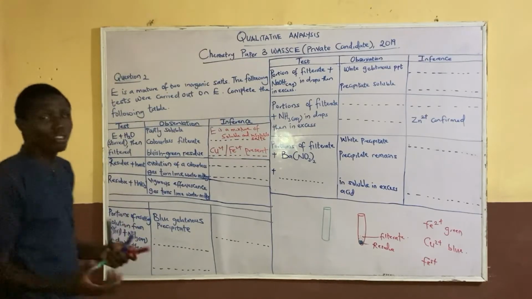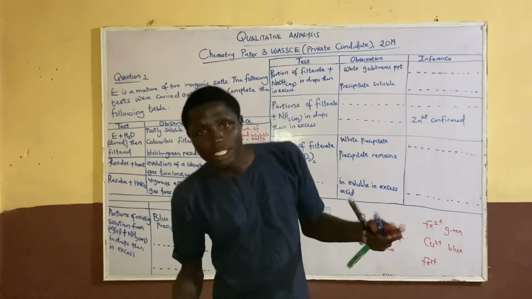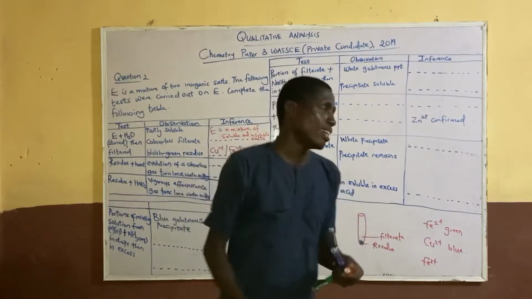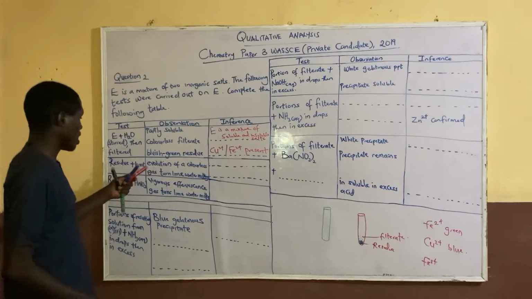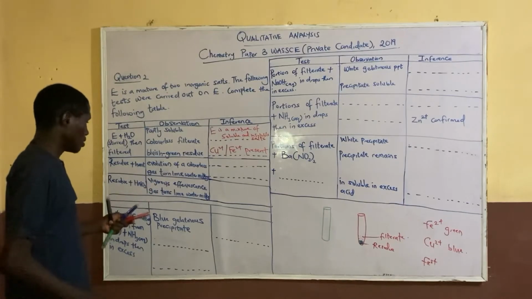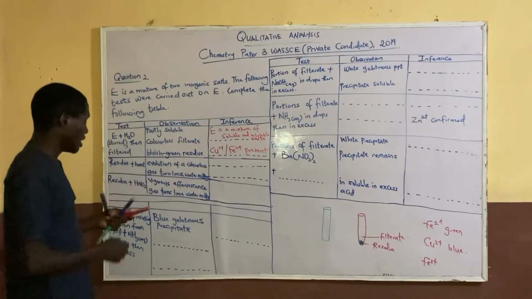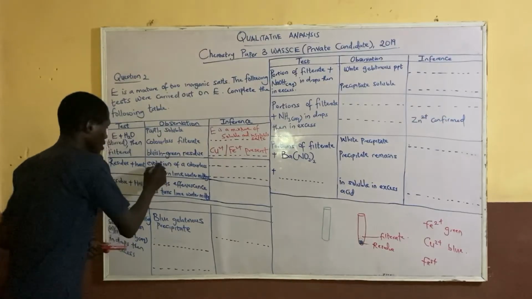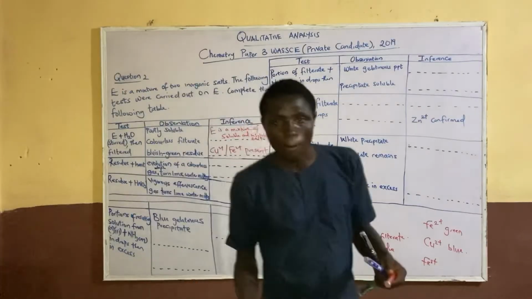Now, residue plus heat. When the residue is being heated, or when you put the residue on fire, what do we observe? The analyst observes evolution of colorless gas that turns lime water milky. Evolution of a gas when they apply heat to the residue.